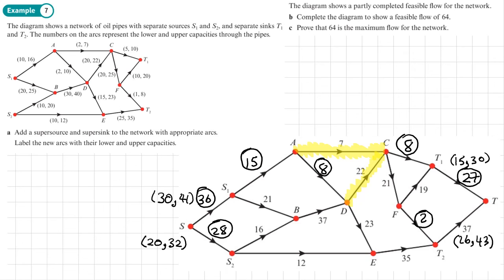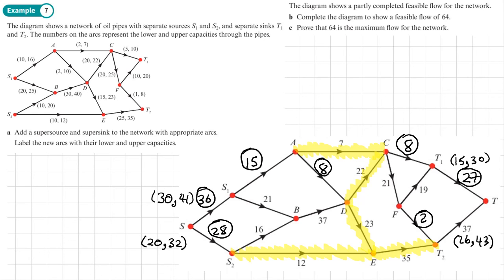I can also see that DE is saturated. It's up to 23, and the arc along the bottom, S2 to E, is also saturated as well. E to T2 is saturated because I've got 35.